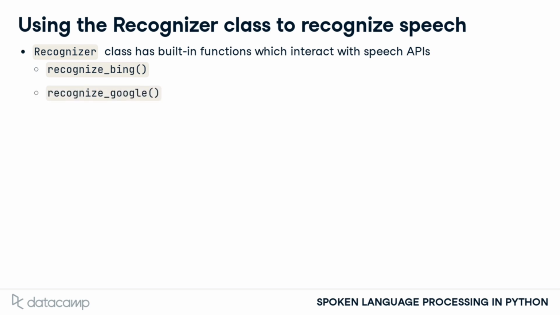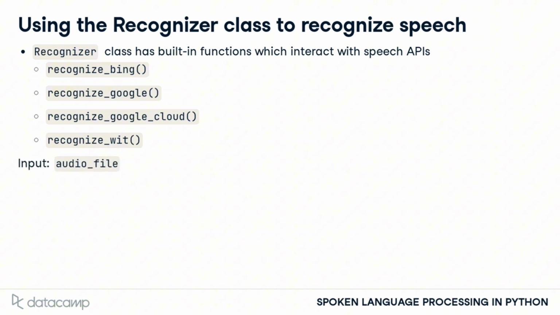Recognize Google uses Google's free web speech API. Recognize Google Cloud accesses Google's cloud speech API. And Recognize Wit uses the wit.ai platform. They all accept an audio file and return text, which is hopefully the transcribed speech from the audio file.